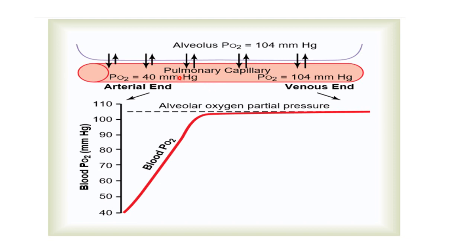Secondly, you can note that the blood becomes almost saturated with oxygen by the time it has passed through 1/3 of the pulmonary capillary, up till here. Look, from 40 mmHg at the arterial end of the pulmonary capillary, the partial pressure of oxygen increases up to 104, like here, and from here a little oxygen is added during the rest 2/3 of the way.